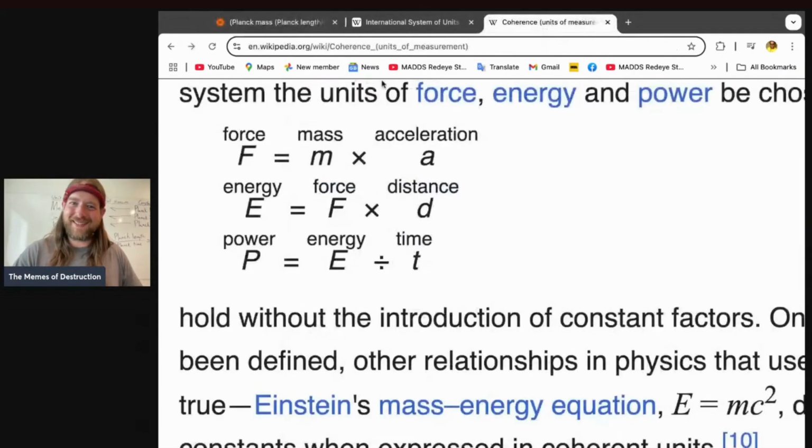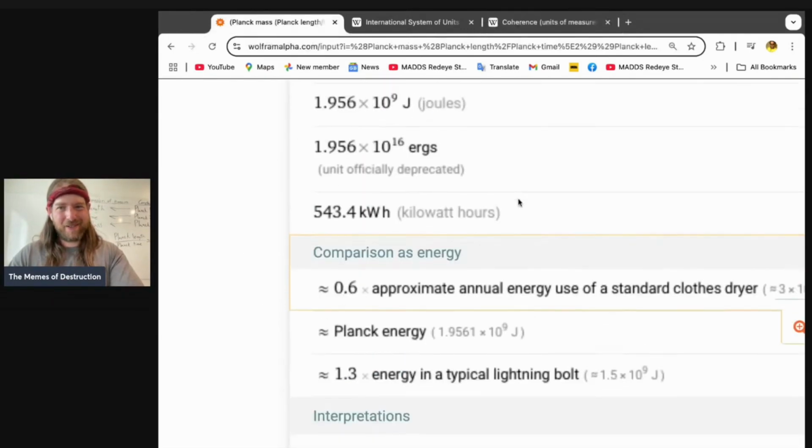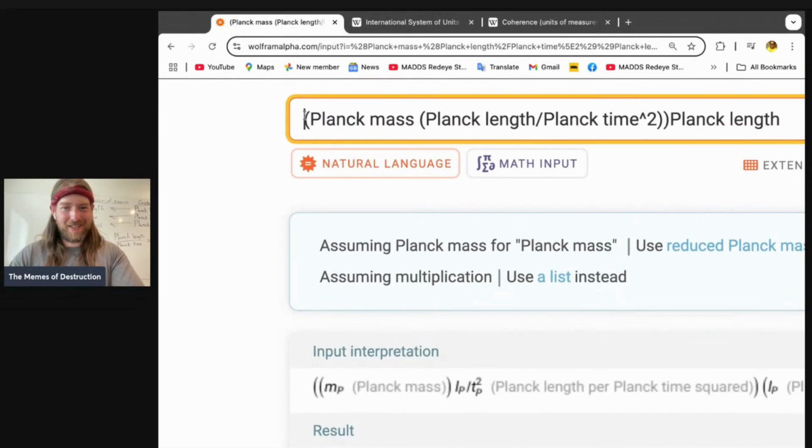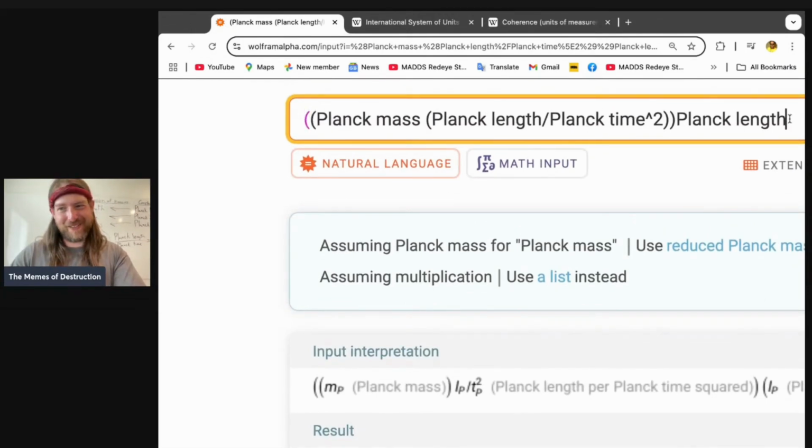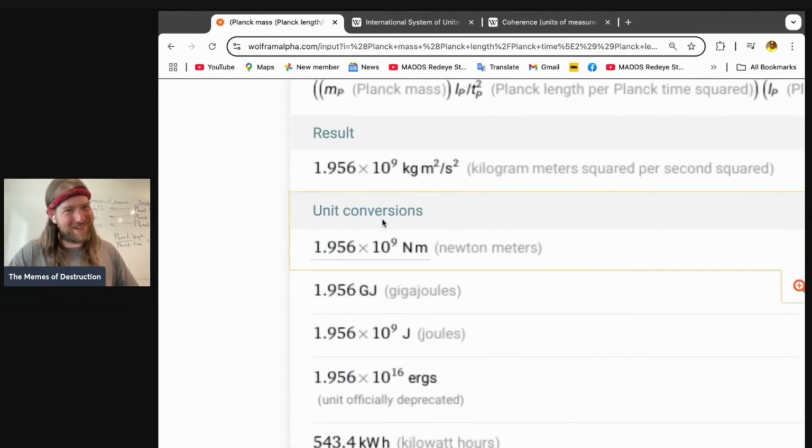So what was the last thing we needed? We need power. Power is just energy, what we got there, and then we divide out a unit of time. So let's see if we can get an intuition for what's going to go on here, because it took me a dang long time since I don't have a formal physics training background.